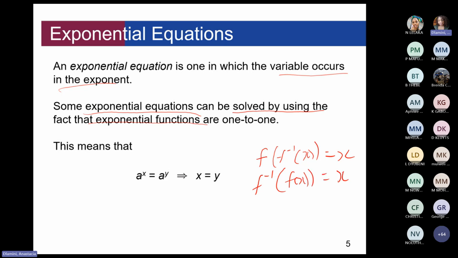Because these functions are one-to-one, we can use this property to solve. This implies x equals y. Are we all together there?